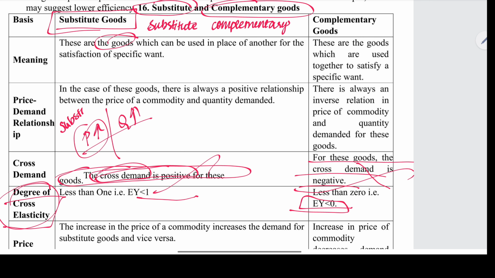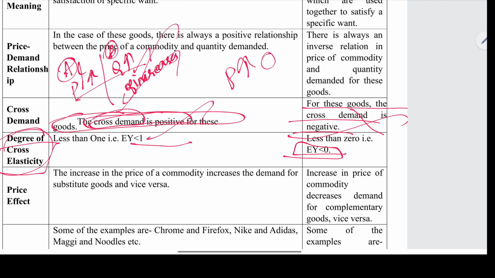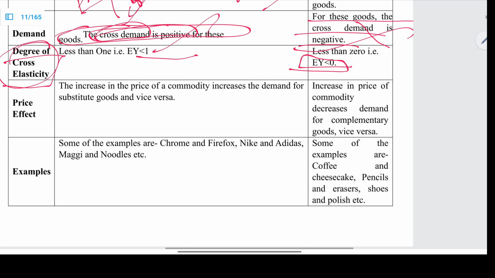Let's say good A and B are substitutes. If the price of A increases, the quantity demanded of B increases. So this is a positive relationship. If the price increases, the quantity decreases, usually in the case of complementary goods.